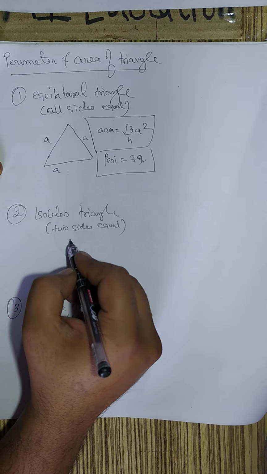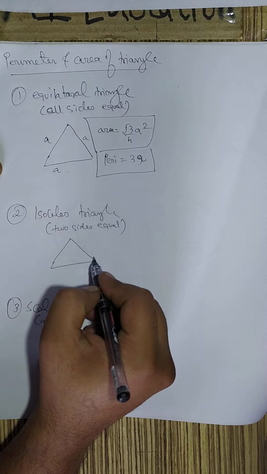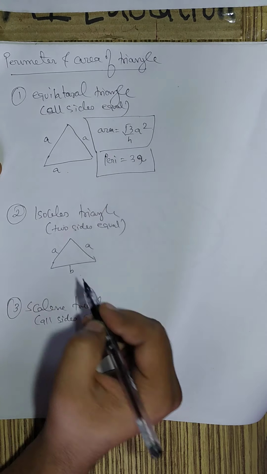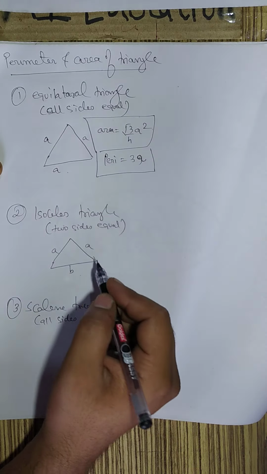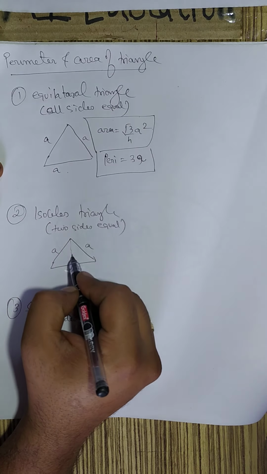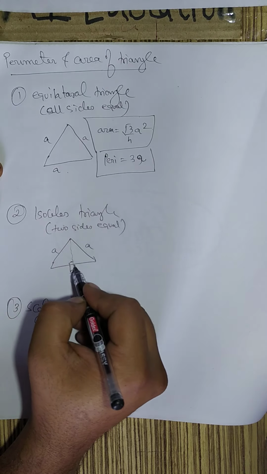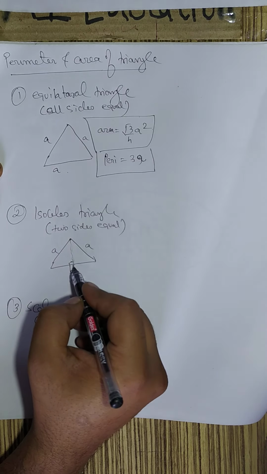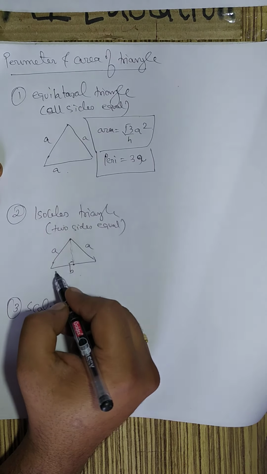Similarly, the isosceles triangle has two sides equal and the third side is different. So for such isosceles triangle, you need to calculate its height, drawing a 90 degree from the base. So this part is b by 2 now and this part is b by 2. Calculating the value of this height using Pythagoras formula in this triangle, it will be square root of a square minus b square by 4.